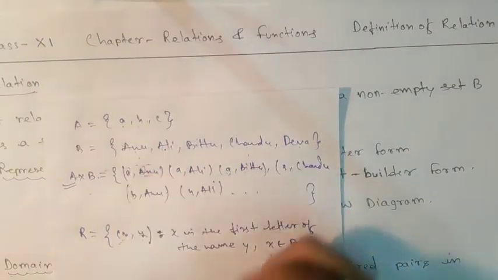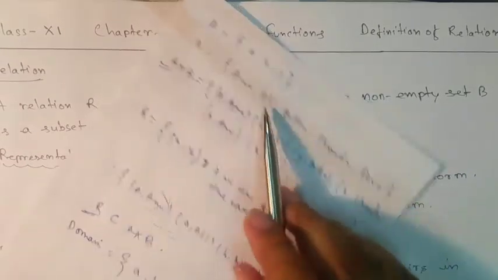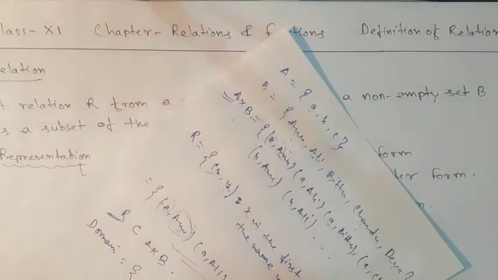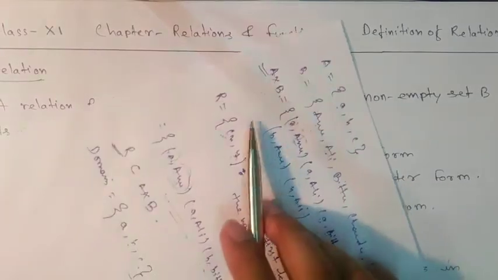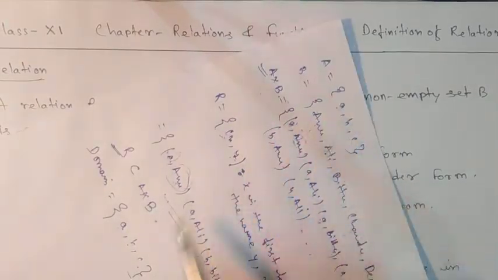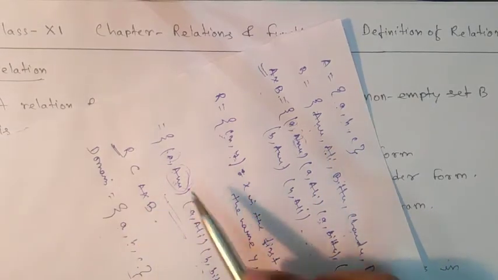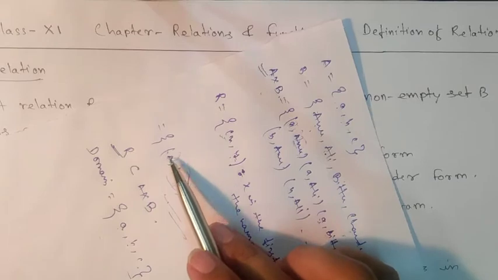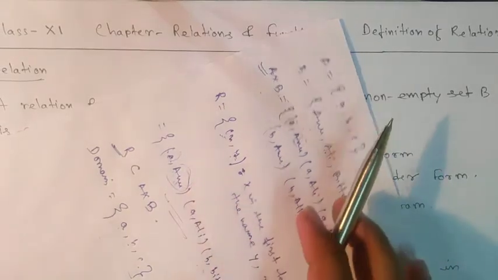Coincidentally, you can see that the domain and your set A are equal. It's not necessary that both will be equal. Remember, domain means the set of first elements of the ordered pairs.